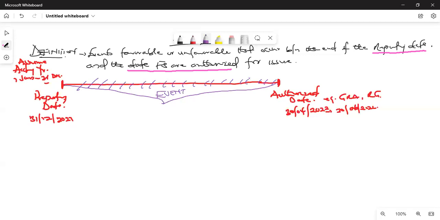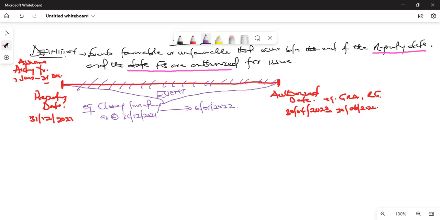And remember, sometimes, for example, you may have closing inventory as at 31st December, but you realize that those inventories are now going to be sold at a lower cost, let's say, around the 6th of January.